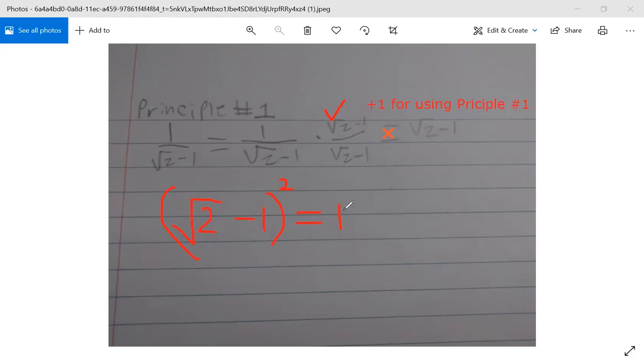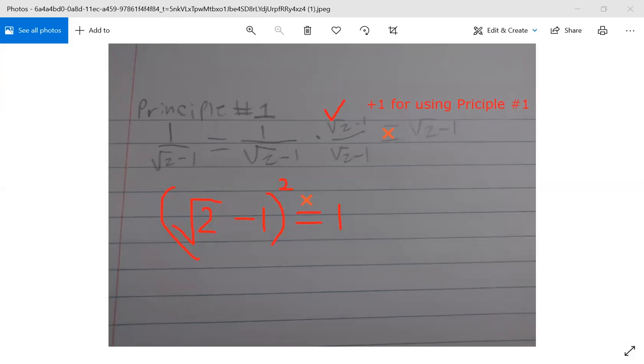Root 2 minus 1 equals 1. Do you think this is true? You can use your calculator to check; this is not going to be true. So what mistake has been made, I suspect, okay, so this is certainly not true. I suspect the mistake might be the following.